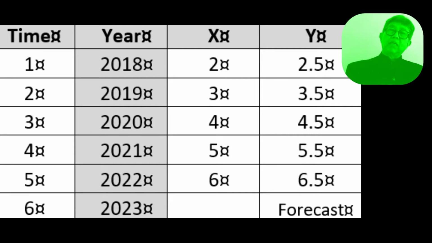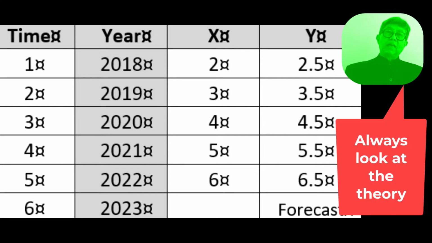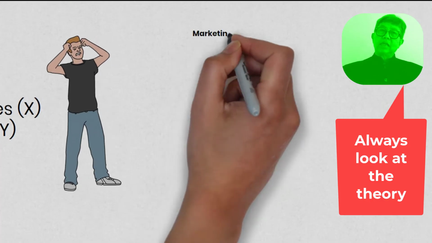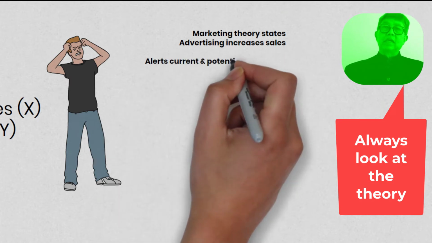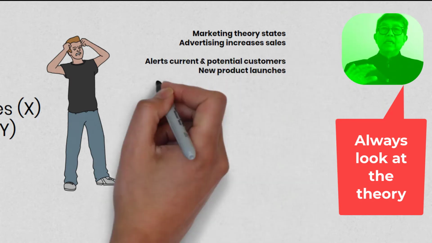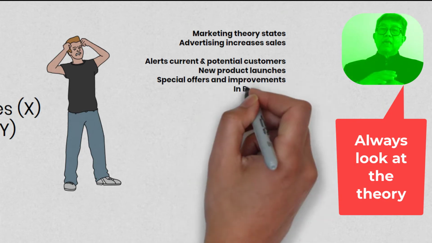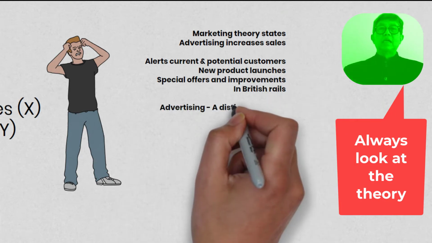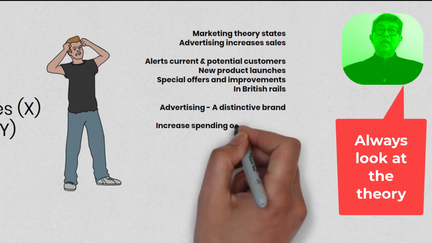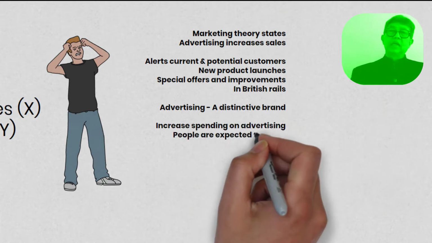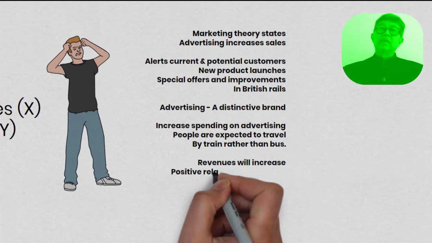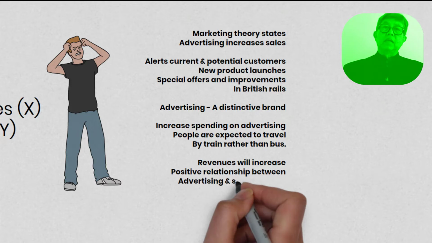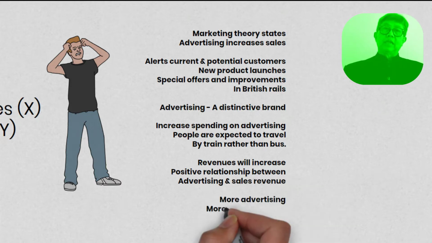Before looking at the variable, you need to look at the theory. In this case, you need to look at the marketing theory, which states that advertising will increase sales. Why? Because it is alerting, reminding current and potential customers about new product launches, for example, special offers, improvement in British Rail.